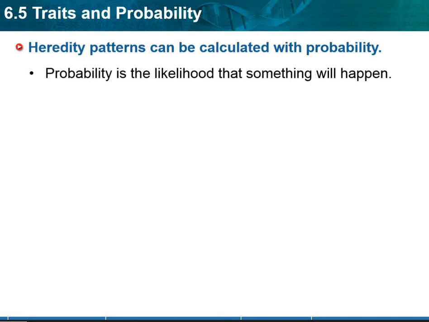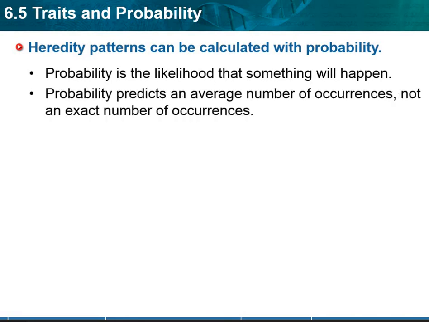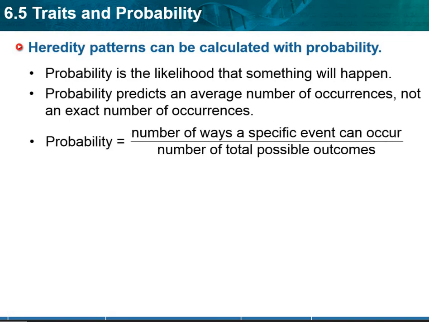Probability is the likelihood that something will happen. Probability predicts an average number of occurrences, not the exact number of occurrences. The way you figure it is probability equals the number of ways a specific event can occur divided by the total number of possible outcomes.